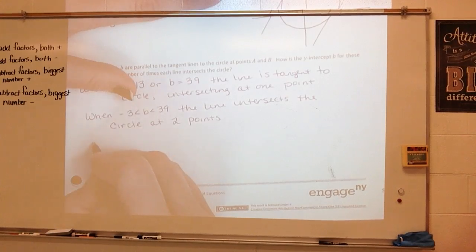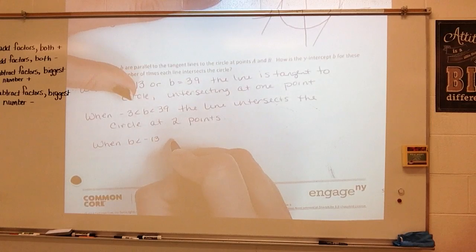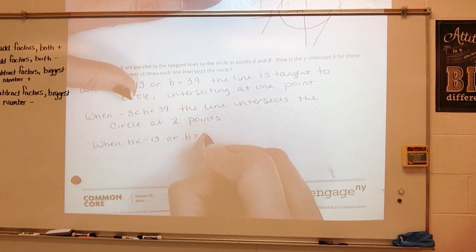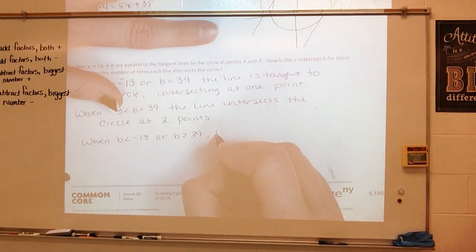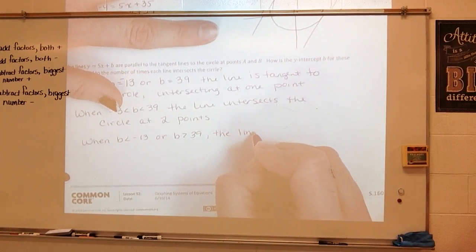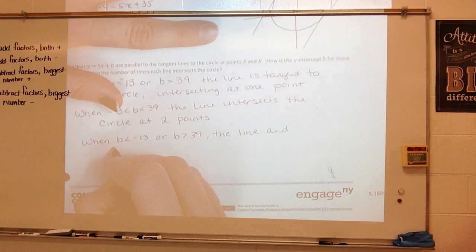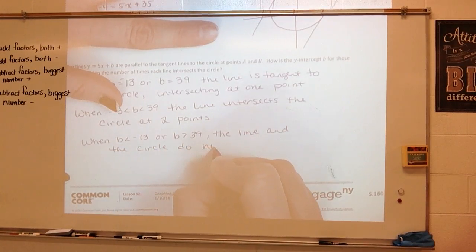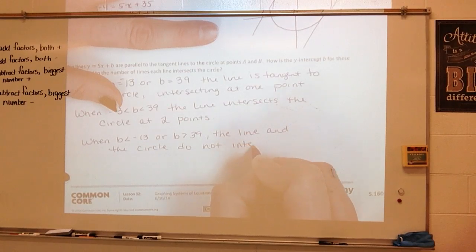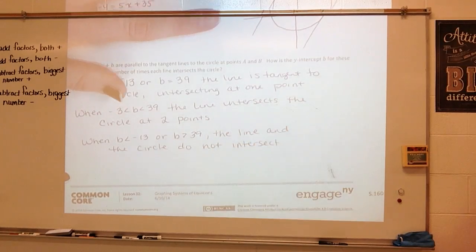And when b is less than negative 13, or b is greater than 39, the line and the circle do not intersect.